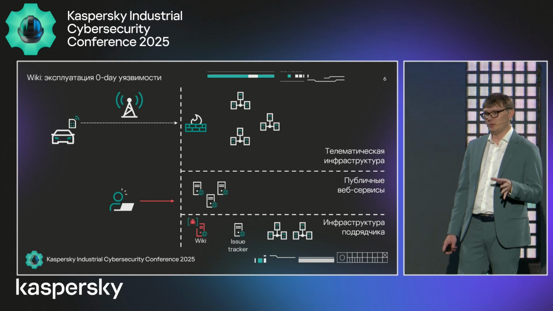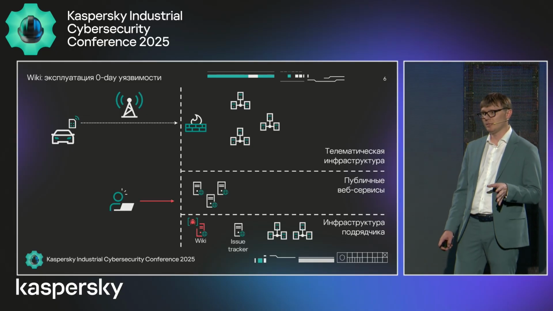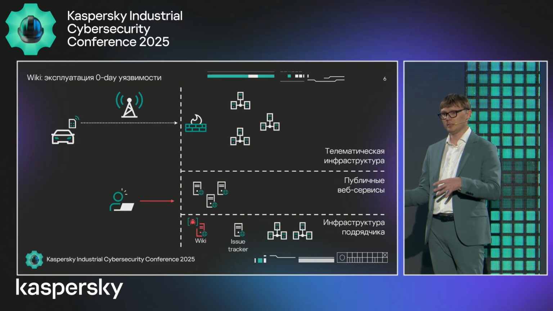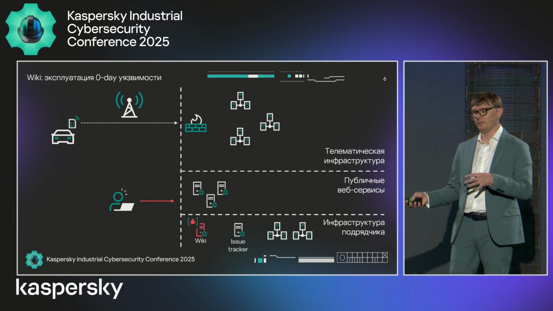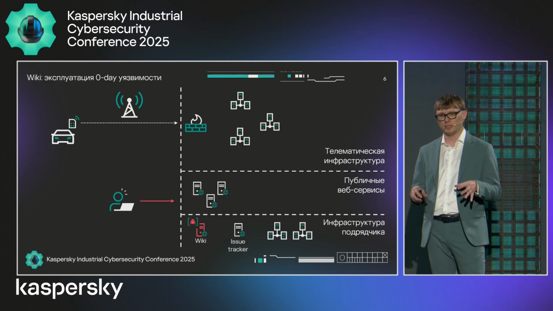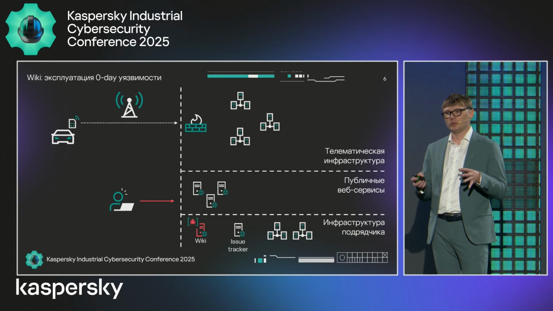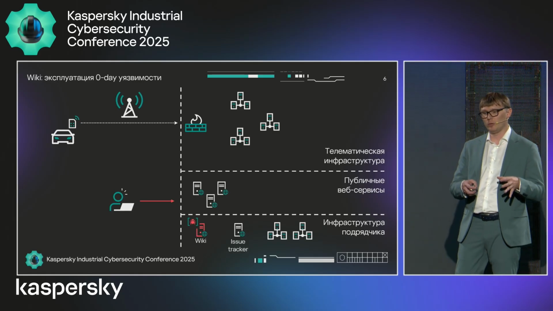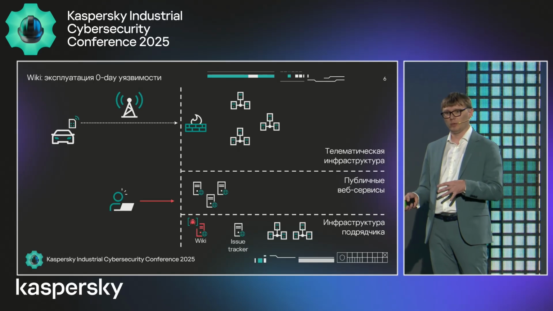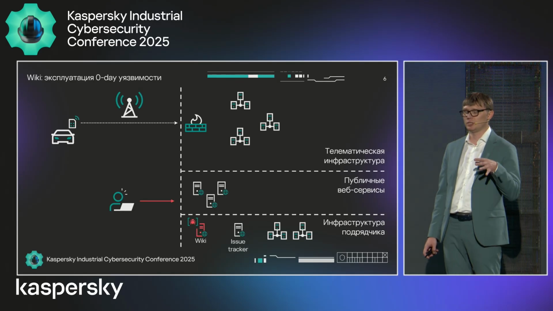When we started studying the Wiki, we were lucky enough. It had a zero-day injection vulnerability, and due to this injection we obtained a hash password of the administrator account that was not locked, and we were lucky enough to recover the password.